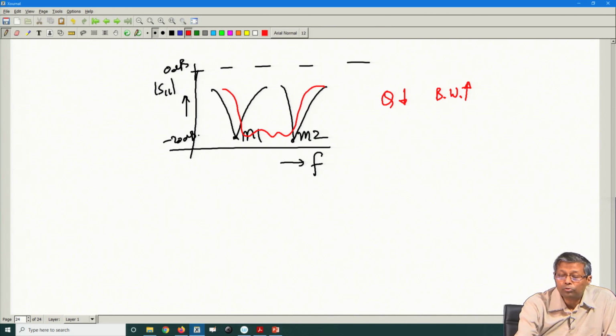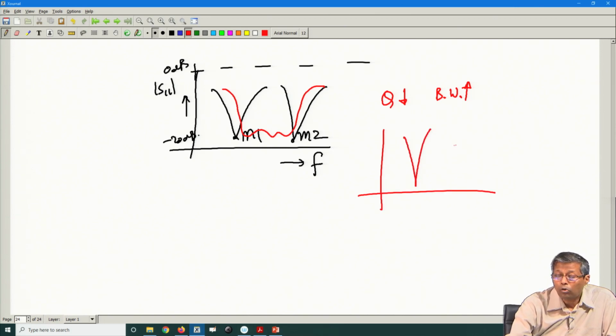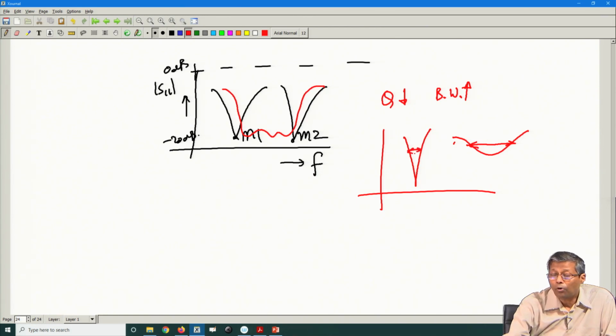So, we want modes which have low Q factor, and which also have high radiation efficiency. A high Q mode might look like this, a low Q mode will look like this. So, it has potentially a wider bandwidth compared to a high Q mode. Therefore, it tends to combine with another resonance in order to give me a broadband behavior.